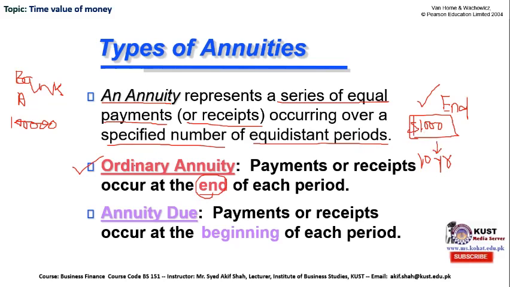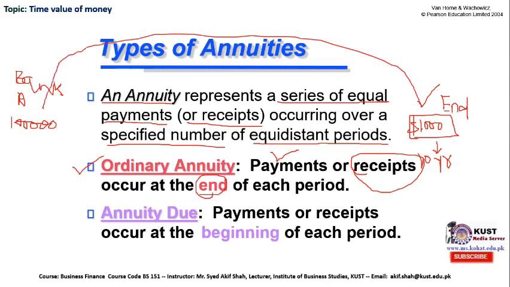So this will be considered an ordinary annuity from the perspective of the bank. However, from the investor's point of view, this is an annuity receipt because you are going to receive this $1,000 upon the investment of $100,000 in this Bank A.